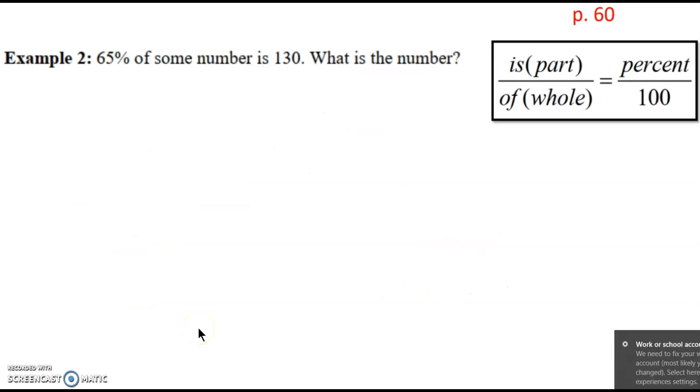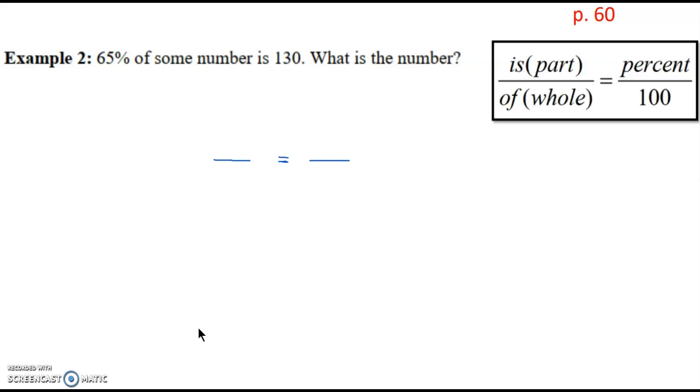For example 2, it says 65% of some number is 130. What is the number? So these questions without a strategy can be quite daunting. So what we're going to do is we're going to set up our percent proportion. We're going to fill in the information that we know and look for where our x is going to be.